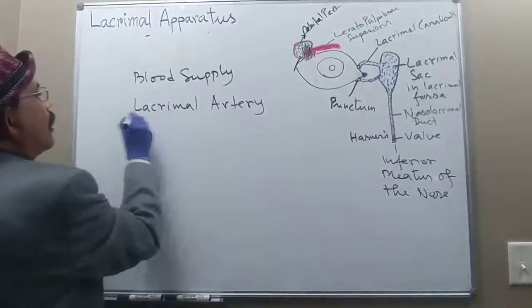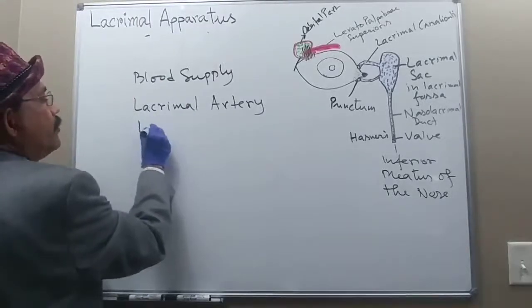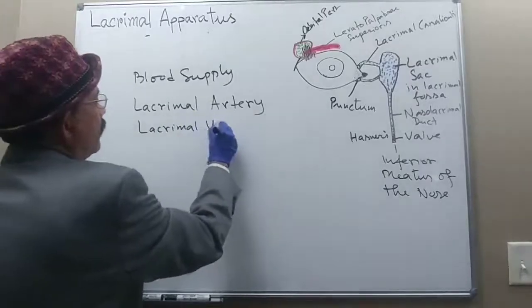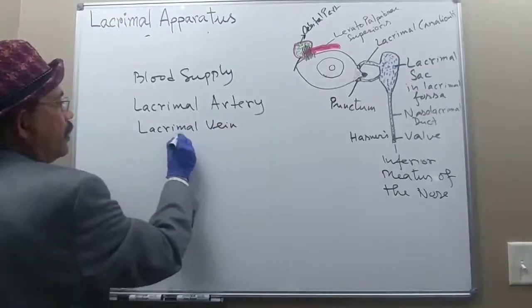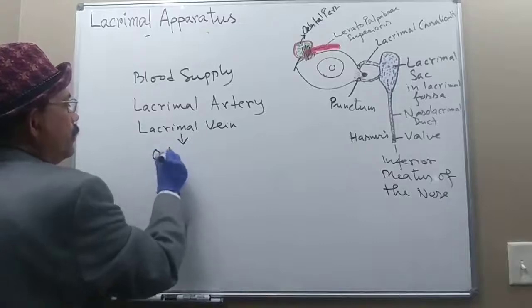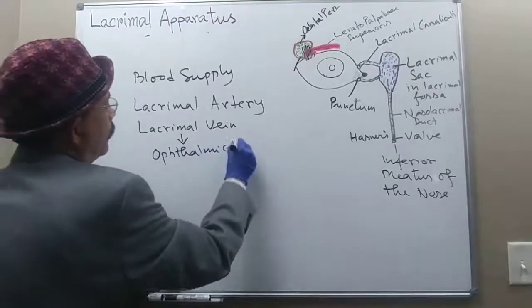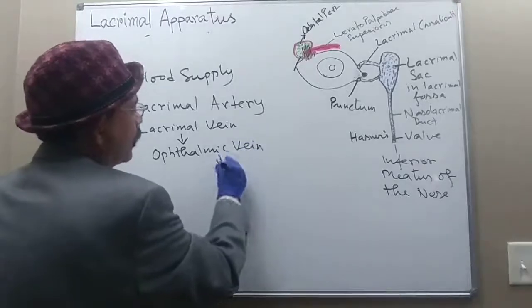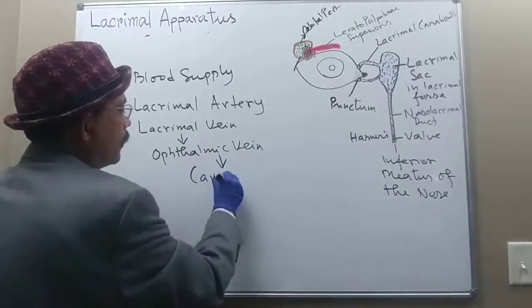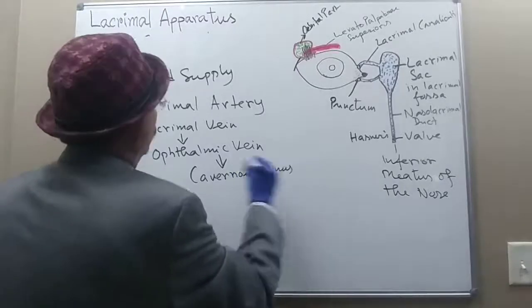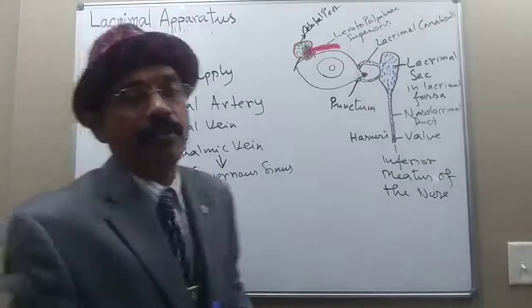Okay, arterial supply. Venous drainage by the lacrimal vein. Okay, then the ophthalmic vein, then to the cavernous sinus. Okay, we got the venous drainage.